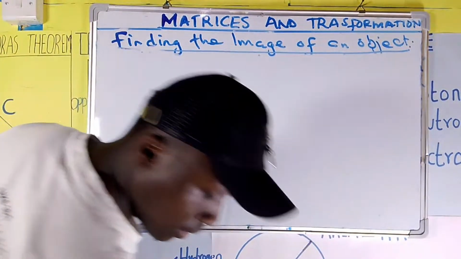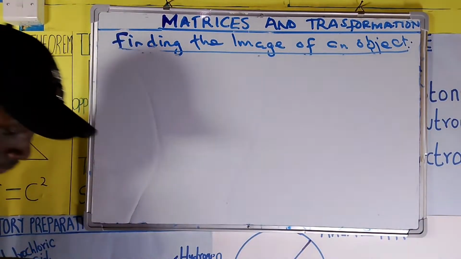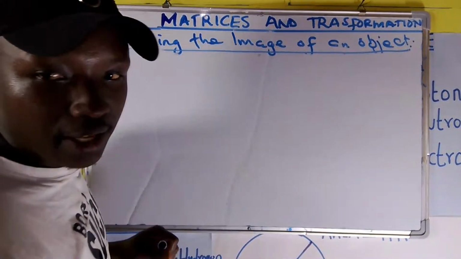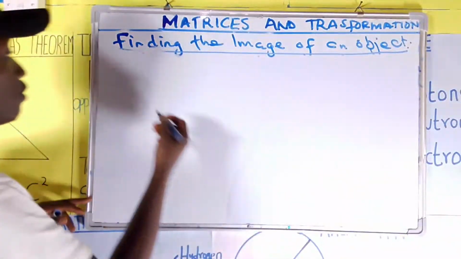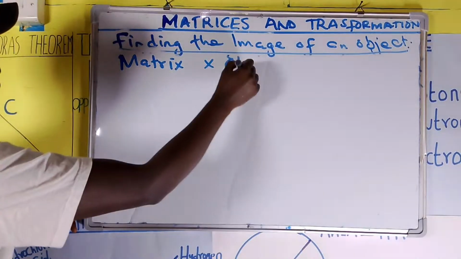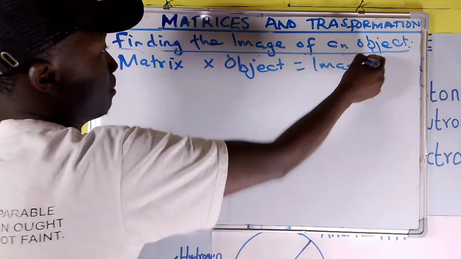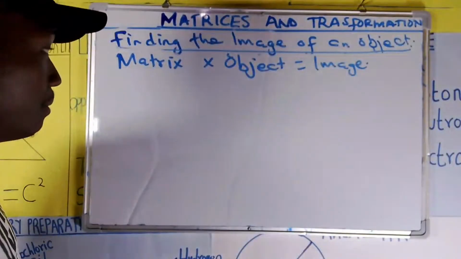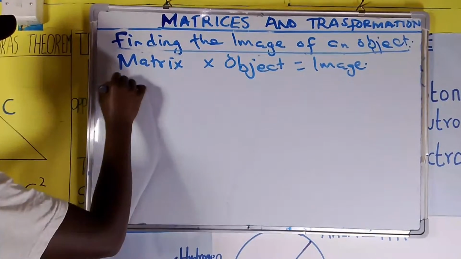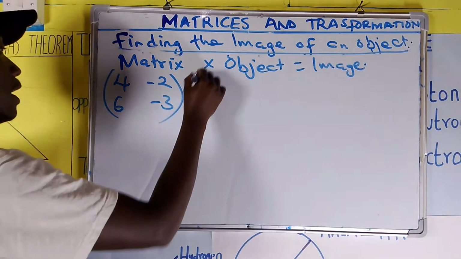So this is what happens. We have said that for us to determine the coordinates of the image, we are going to use the formula: matrix multiplied by object is equal to image. Therefore, we have our matrix as 4, -2, 6, -3, multiplied by the object.